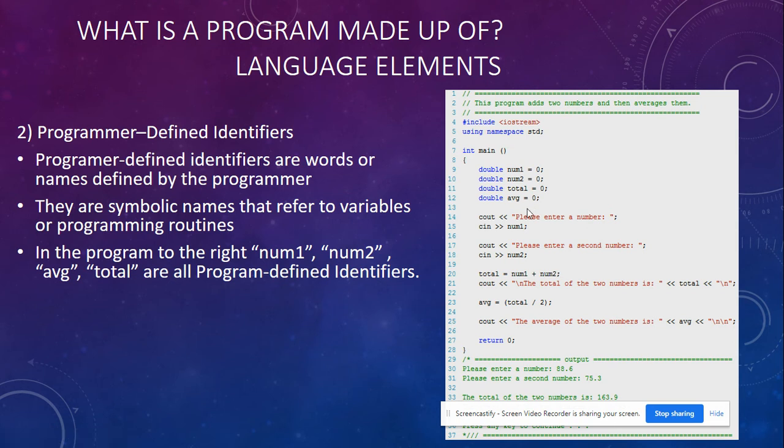They're not reserved words. We've got a double, and I'll explain what a double is later. We could decide to call it num1. We've got another double, we decide to call num2. We've got a fourth double that we decide to call average. We named these. That's what a program-defined identifier is.